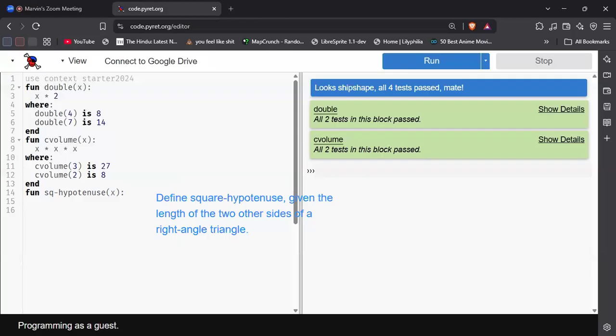So there's a total of three variables in this function. Yes, you're allowed to use variables. To start, I'd like you to write a test first.